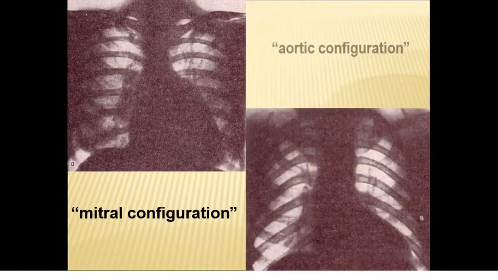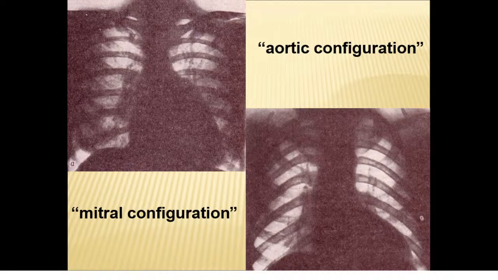If you see on this graph, you see that the heart resembles a ball-like configuration, which is called mitral heart configuration, which is characteristic for the patient with mitral heart defect, mitral stenosis, and mitral regurgitation.